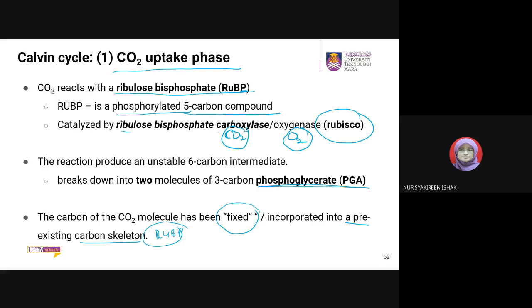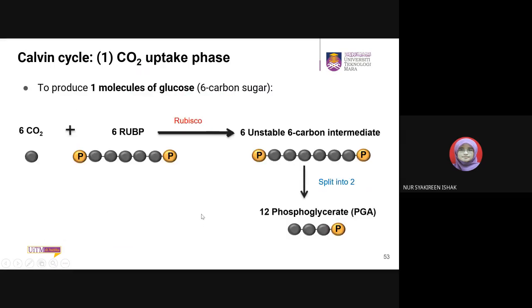Okay. So kalau kita tengok gambar-gambar ni, awak kena fahamkan purpose Calvin cycle adalah untuk hasilkan sugar. Sugar usually yang kita belajar adalah glucose. Okay, which is a 6-carbon sugar.